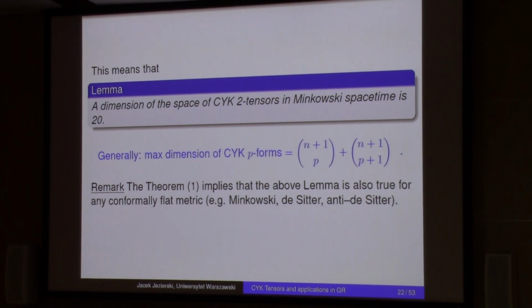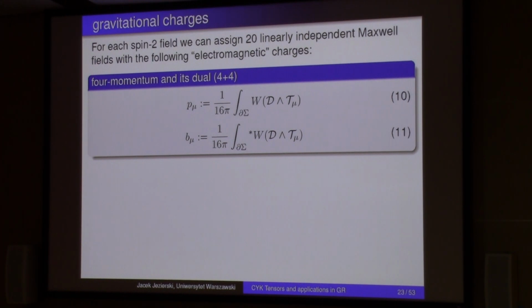Because of this conformal transformation, we have 20 for Minkowski, de Sitter and anti-de Sitter. Okay. And there is some physical motivation to say now about these electromagnetic charges.